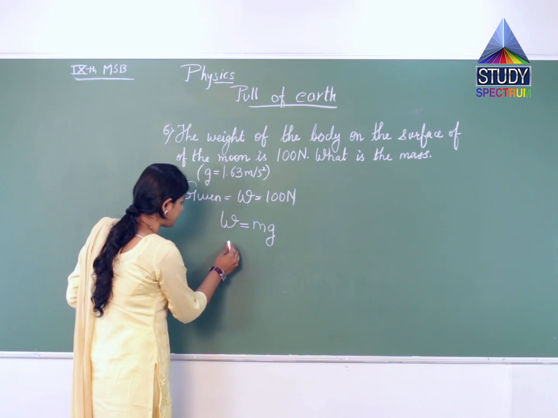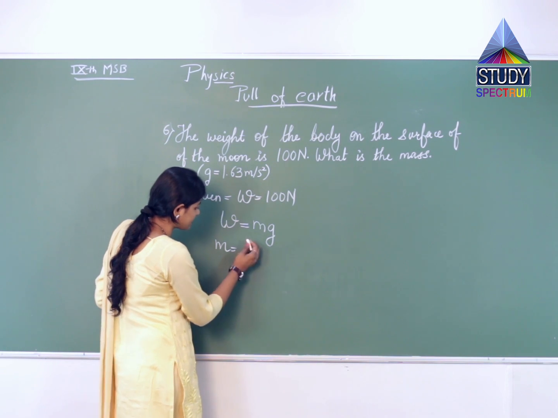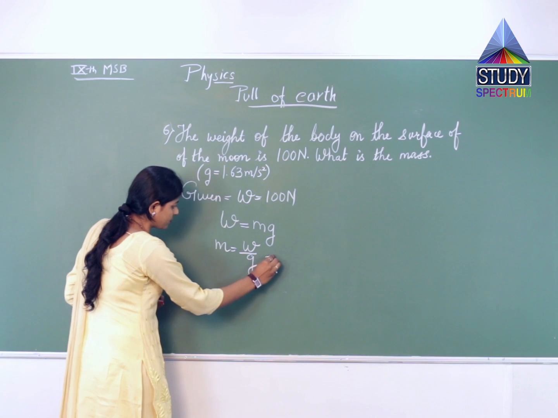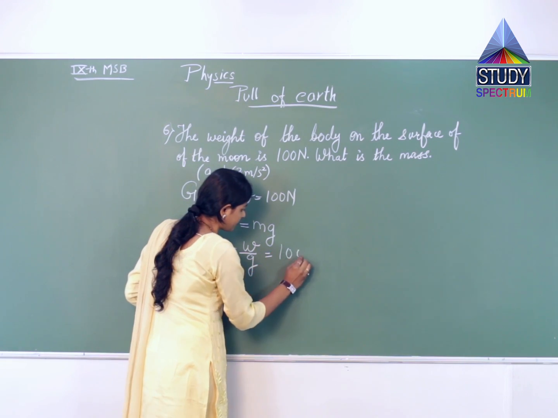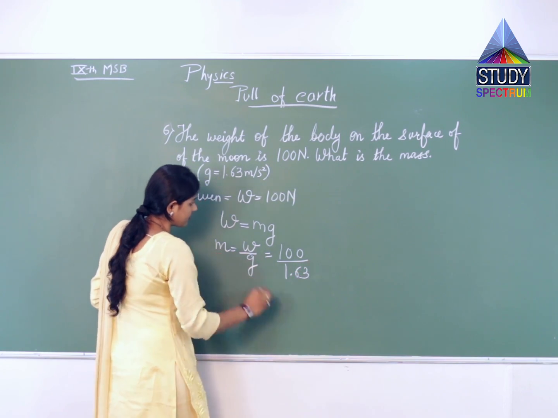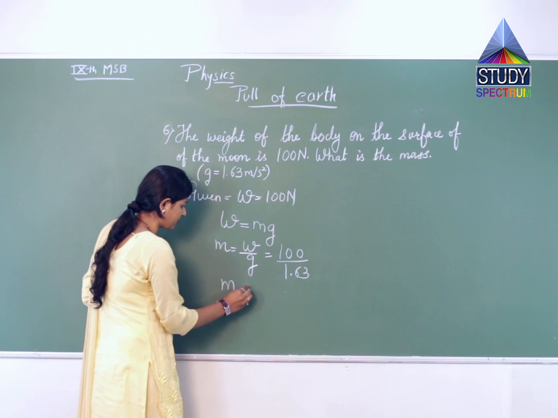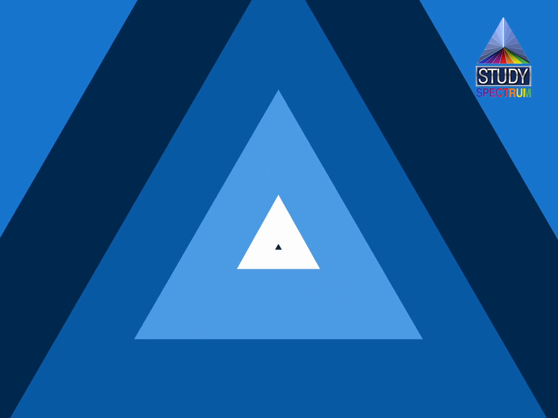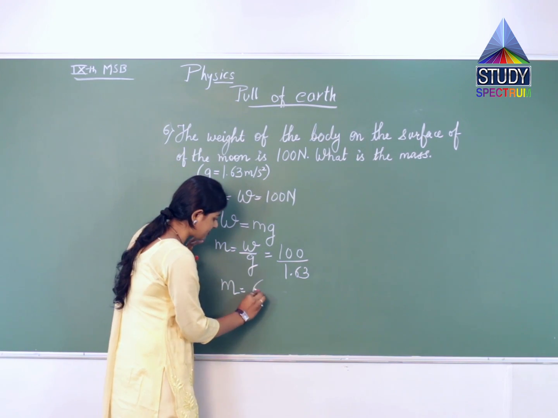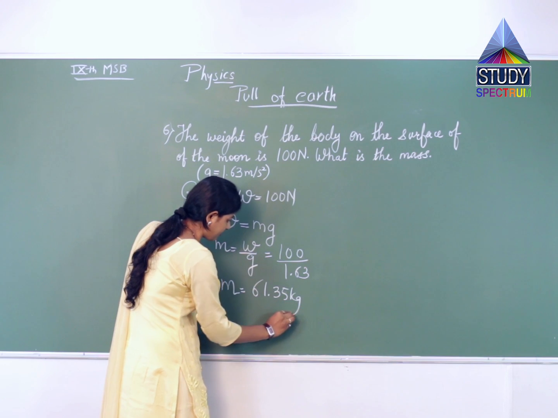So substituting the values, first we will simplify. M is equal to W upon g. So m will be equal to 100 divided by 1.63 meter per second square. So the mass of the body on the surface of the moon will be 61.35 kg.